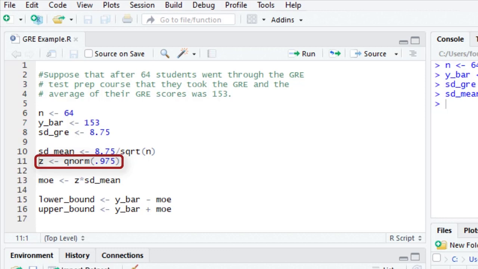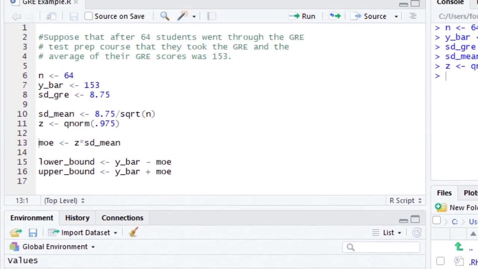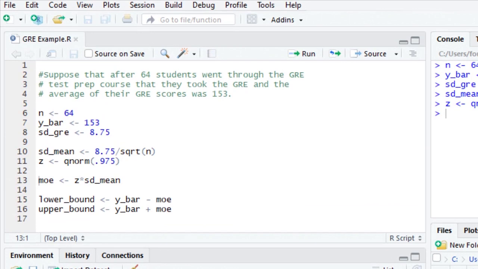Notice that I don't need to tell qnorm the mean and standard deviation of the normal distribution because I'm using a standard normal distribution, and that's what R is going to anticipate as the default if I don't put in a mean and standard deviation. So I'm going to find that z-score. It's about 1.96.